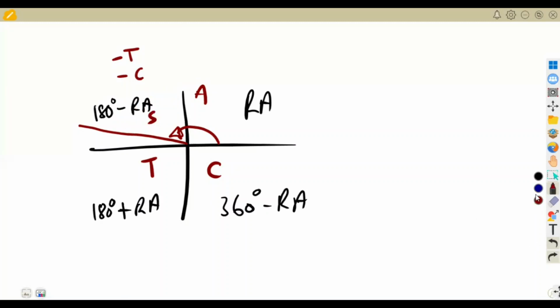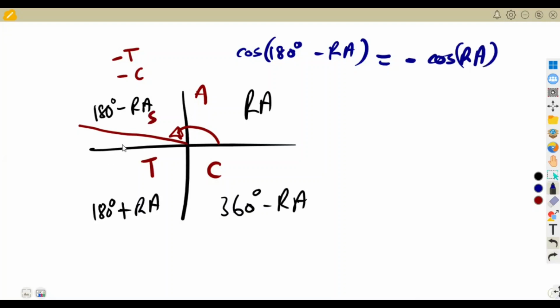What you are subtracting there is the reference angle. So the sine of this is equal to the sine of the reference angle. But the cosine of 180 degrees minus the reference angle must be equal to minus the cosine of the reference angle, because in this quadrant cos is negative. That is the idea there.